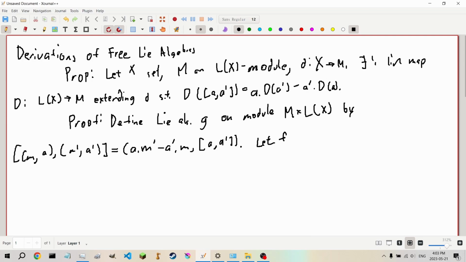Let f be the homomorphism of LX into G such that f of x is equal to d of x, giving us the element in M, and then just the image in the free algebra.